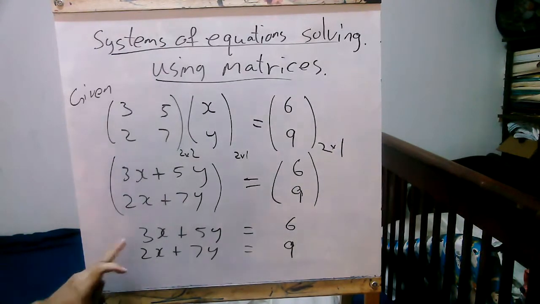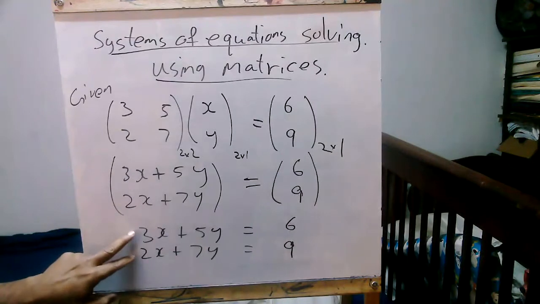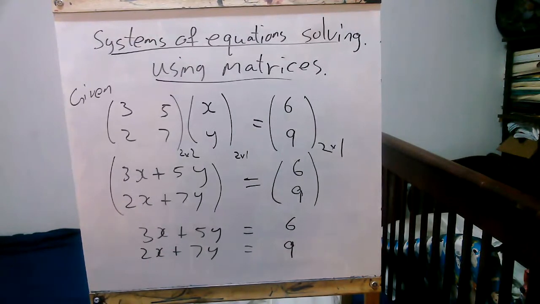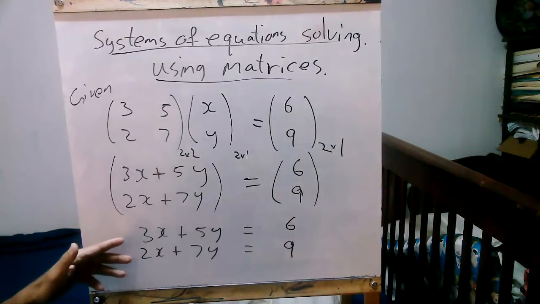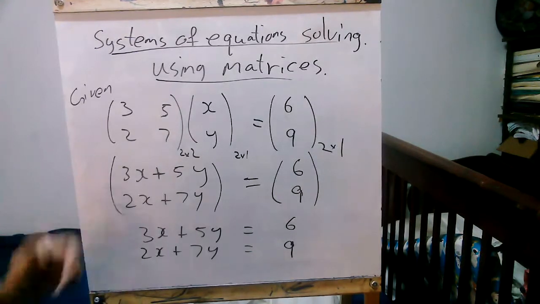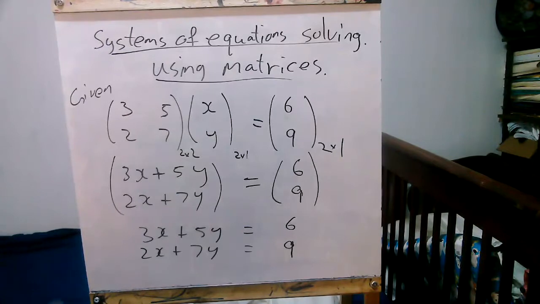Yes, right? Now these two are a system of equations. You know how to solve this. We can use the addition method or elimination method to find x and y.